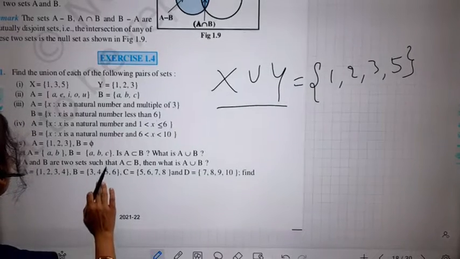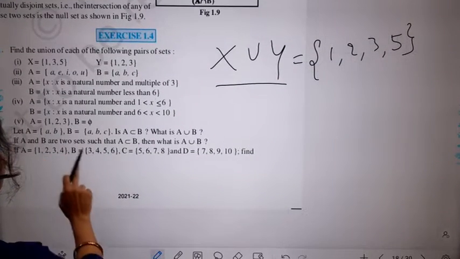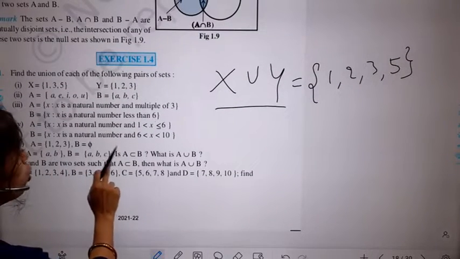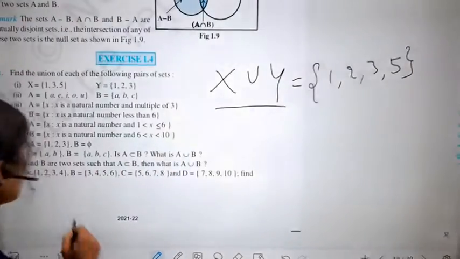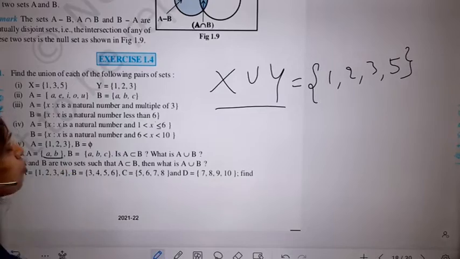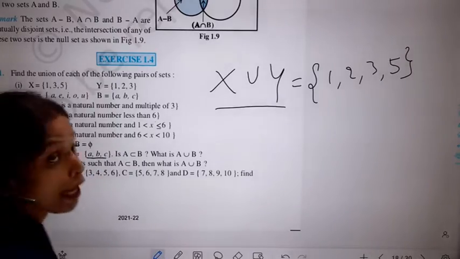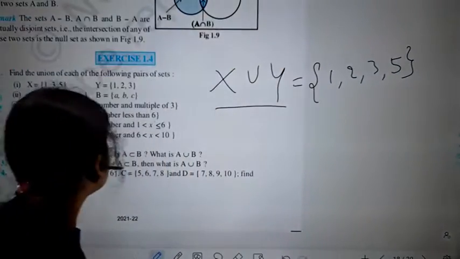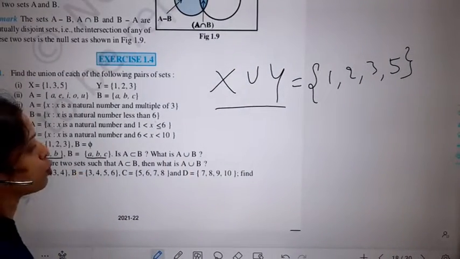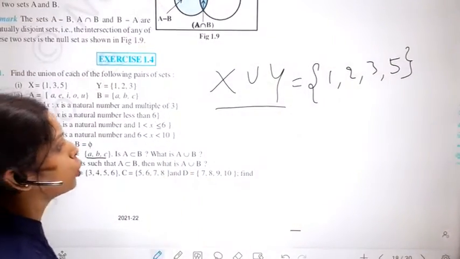Next question: let A equal {a, b} and B equal {a, b, c}. Is A a subset of B? Yes, why? Because every element of A is also an element of B. That's why A is a subset of B. What is A union B?